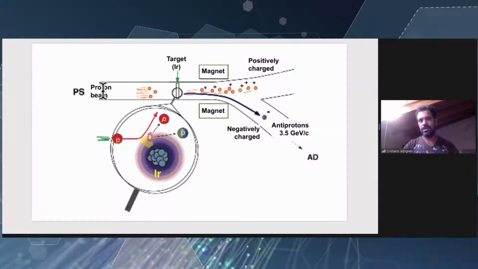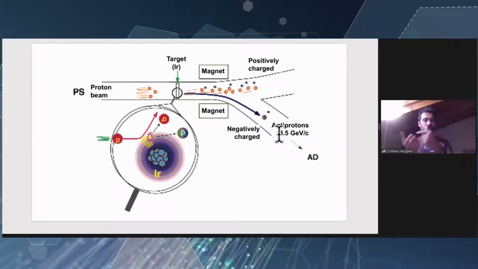So this is the beam coming from the proton synchrotron. This is the iridium target. You see the protons hitting the nuclei inside, and you produce many particles. You can produce protons, antiprotons, electrons, pions, and so on. And then, using magnets, you can select the antiprotons, because when a particle enters a magnetic field, there is a force acting on the particle that bends its trajectory.